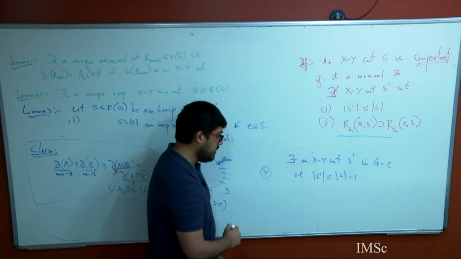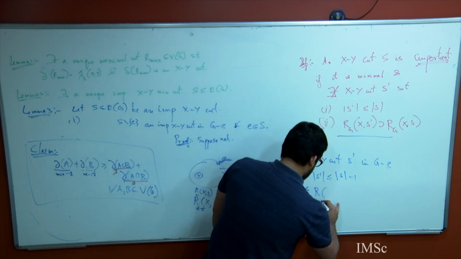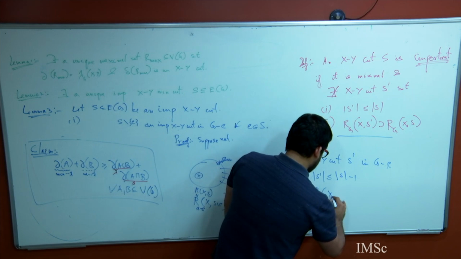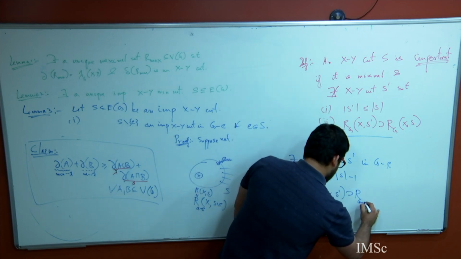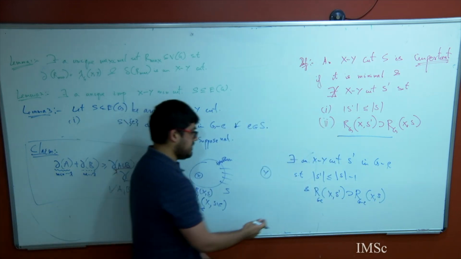Because you just removed one, and the reachability set in G minus E of S prime is a strict superset of that of S minus E.